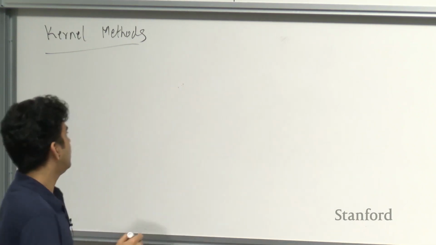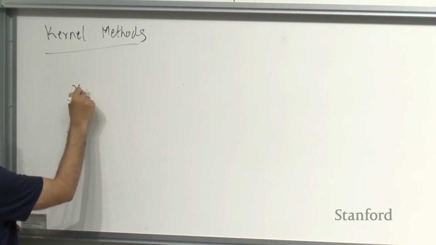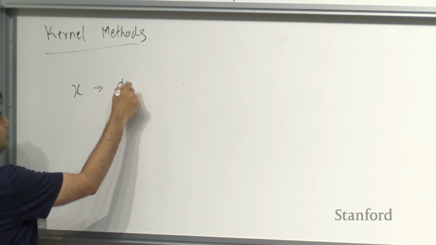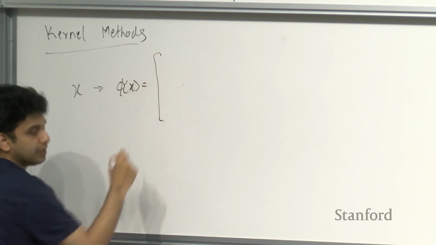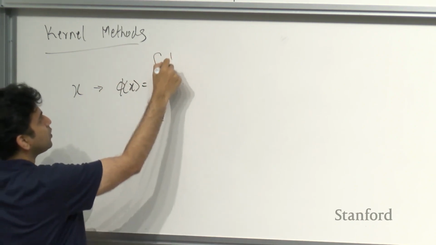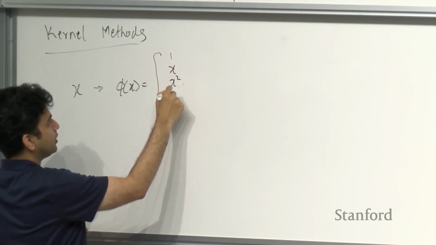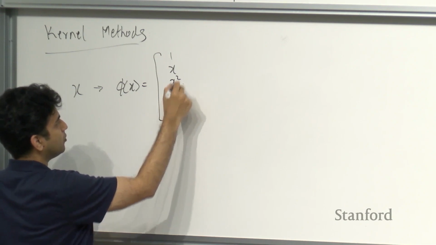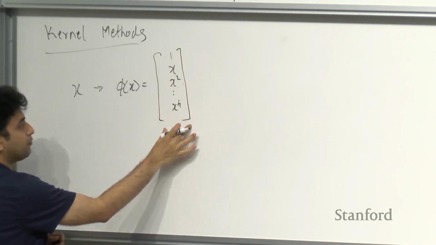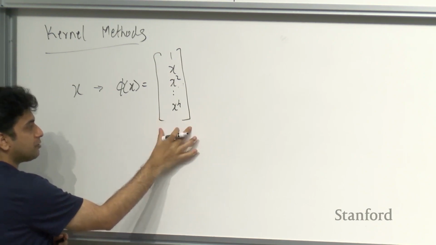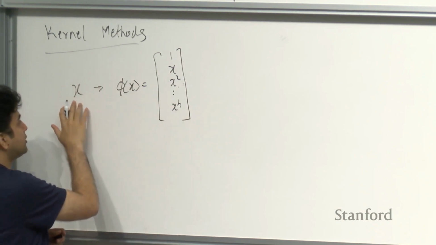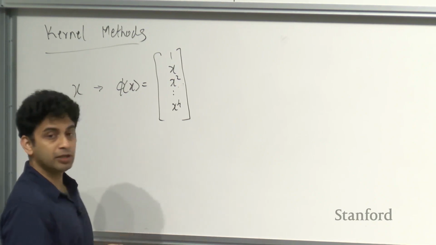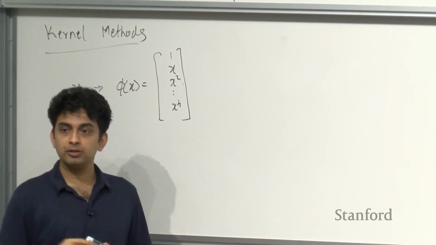For example, if you map x to some phi of x, where phi of x is 1, x, x squared, x cubed, x to the 4, and now you perform linear regression on this feature vector rather than directly on x, the linear regression will give you a nonlinear hypothesis.